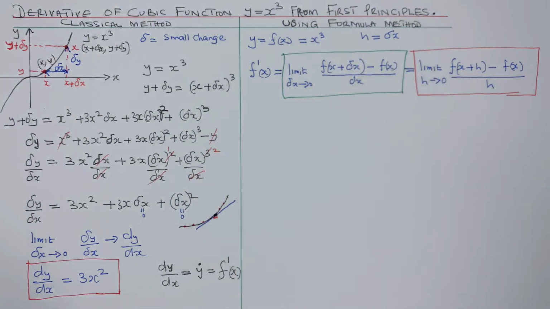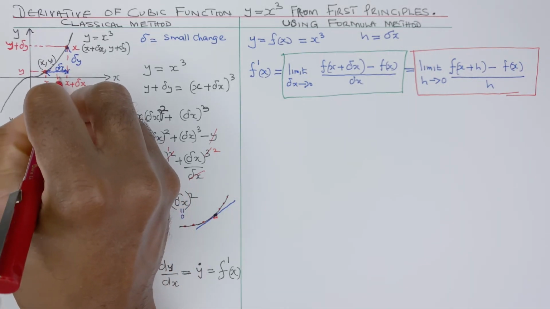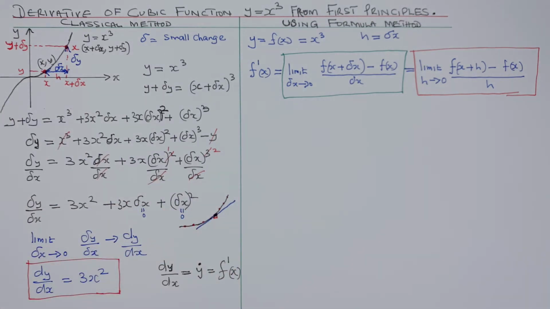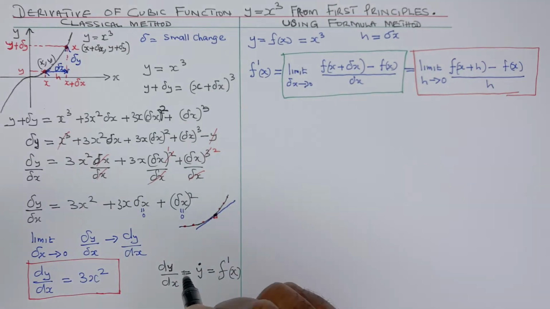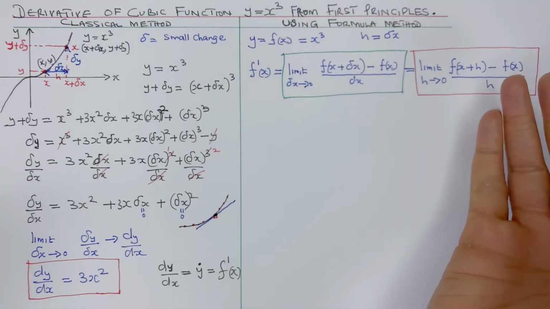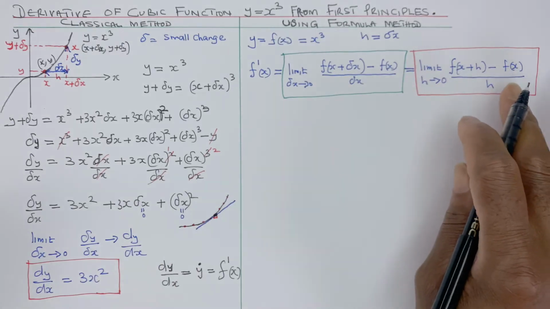So pretty confusing, right? Sometimes, but they're all saying the same thing. They just call the delta x here h. That's the difference. But they're the same thing. So you can call it delta x or you can call it h. Right. So let's use that method to operate on this. So we might use h here just in case, because in some textbooks for the A levels you see a lot of those as well.